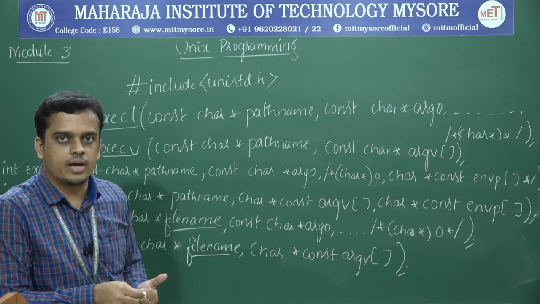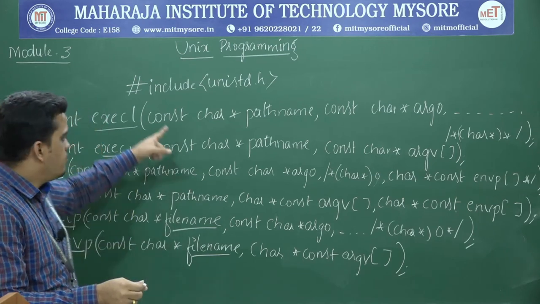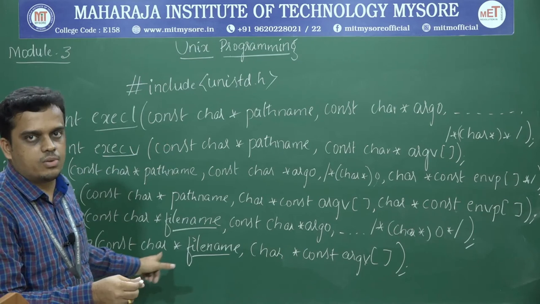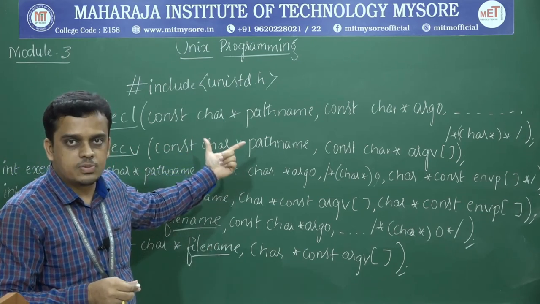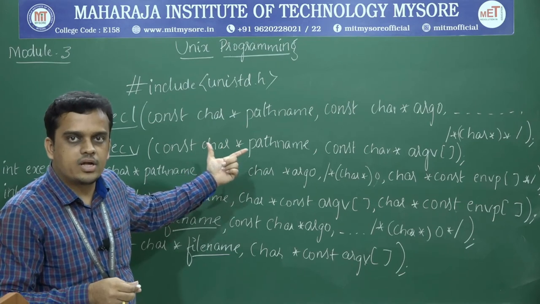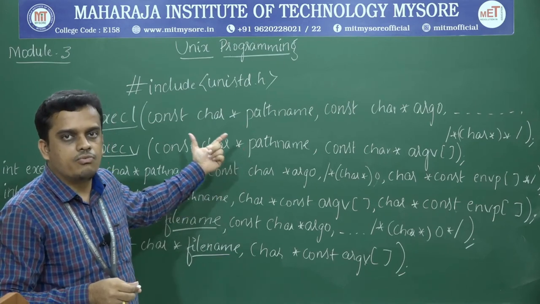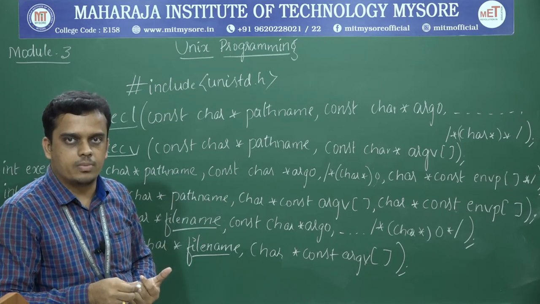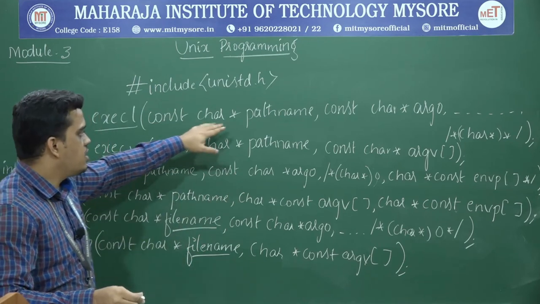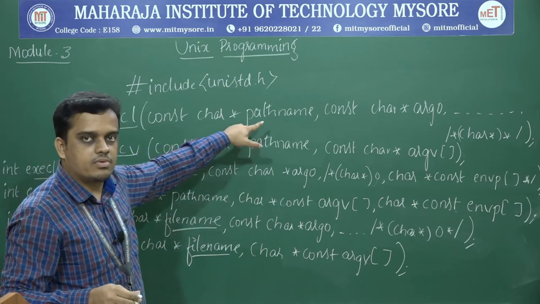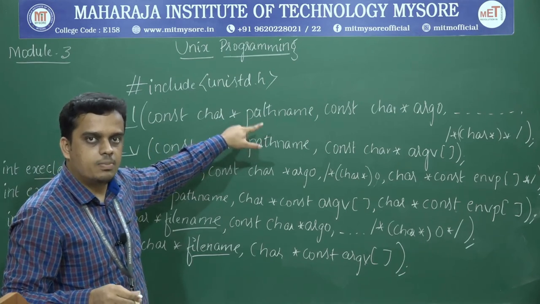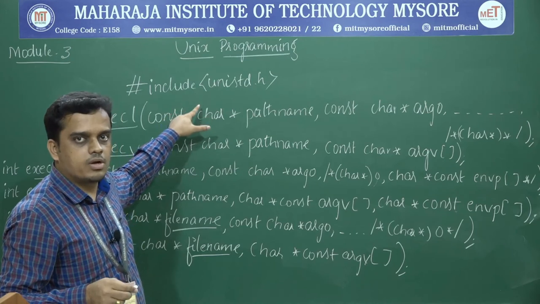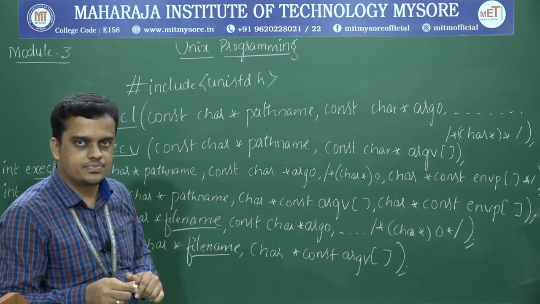And that new program is specified in the very first argument of all these exec forms. That is, the very first argument clearly specifies which particular program will replace the program memory of the currently running process. So the file mentioned in the very first argument will be loaded as the program memory of the currently running process.